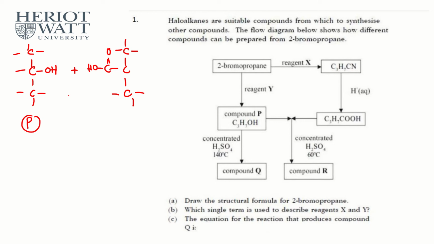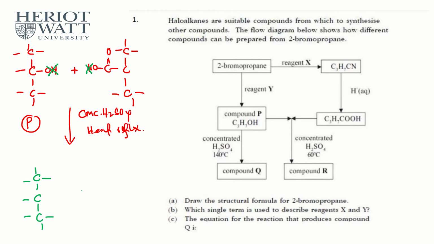So when these two react together under conditions with concentrated sulfuric acid, heat reflux at 60 degrees Celsius, this is an esterification, and for an esterification, we shall remove the OH and the H to form water. All right, so the OH from the alcohol, and then I will get the resulting structure of CCC, same, without the OH, of course.